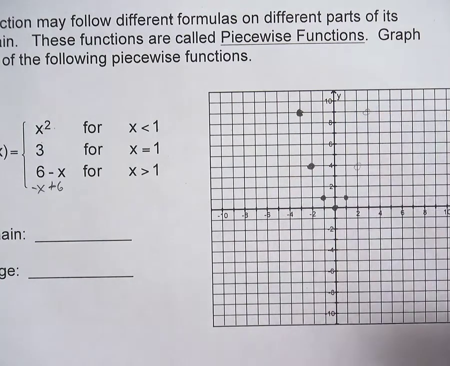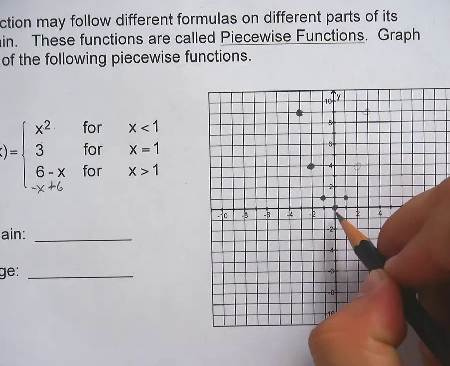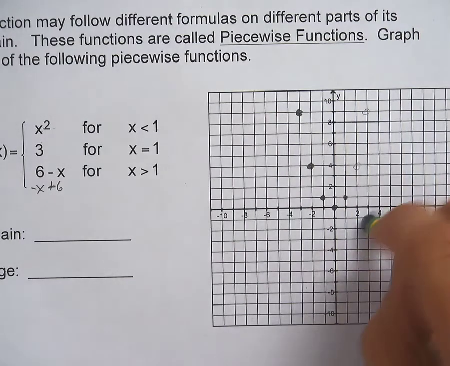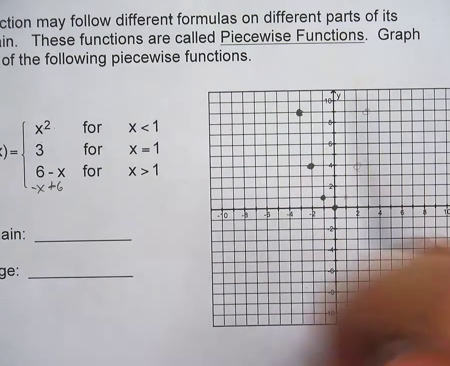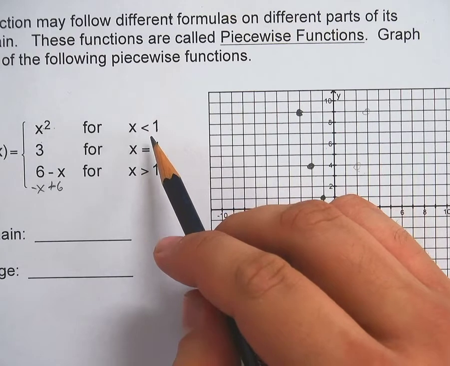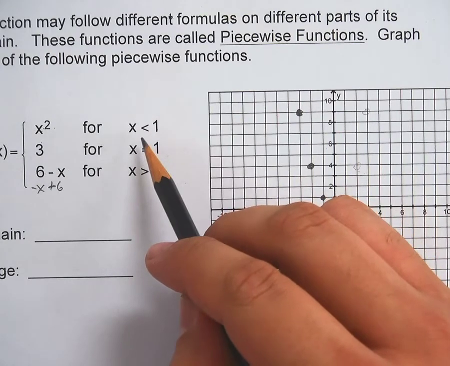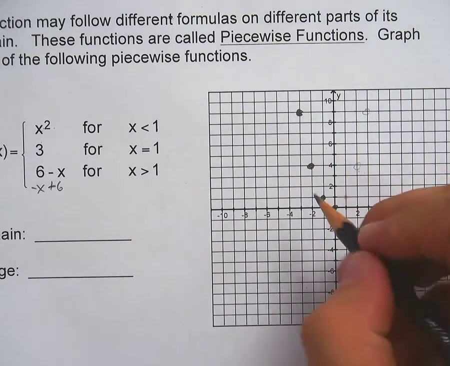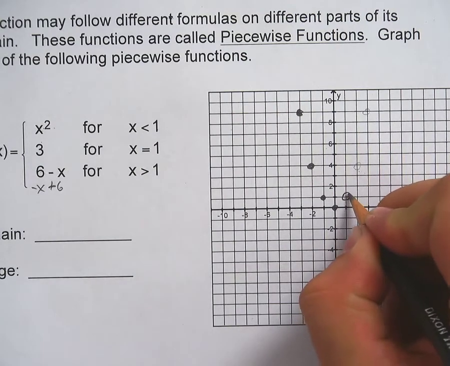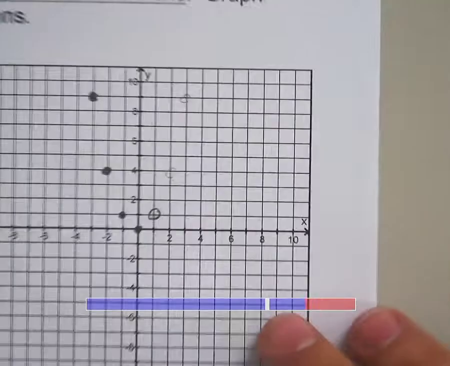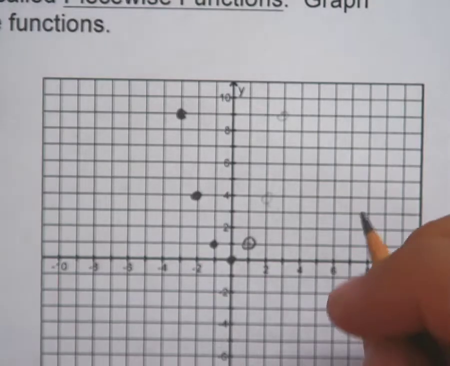Now if you'll notice, I put solid dots over here. That's because this function, let me erase this one, does not exist to the right of 1. It also doesn't exist at 1 either. So what this thing looks like then, if I can zoom in on this, is going to be this.